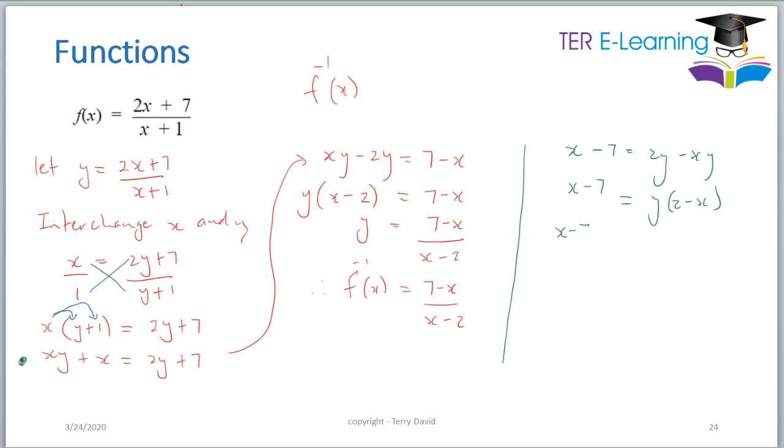Therefore, x minus 7 over 2 minus x is equal to y. So therefore, some of you all may have an answer that looks like this. x minus 7 over 2 minus x, right? So let's know that this answer is correct, this answer is also correct, right? So whichever one you get.